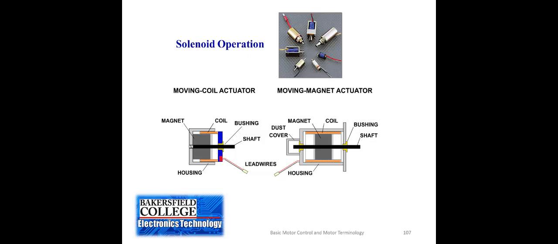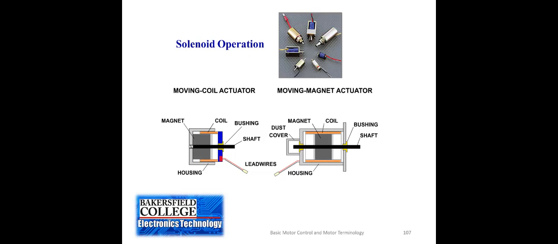One of the things about a solenoid is this moving coil actuator allows us to position exactly where that shaft is. That coil is called a voice coil, and it's very similar to the coil and the setup inside a speaker.